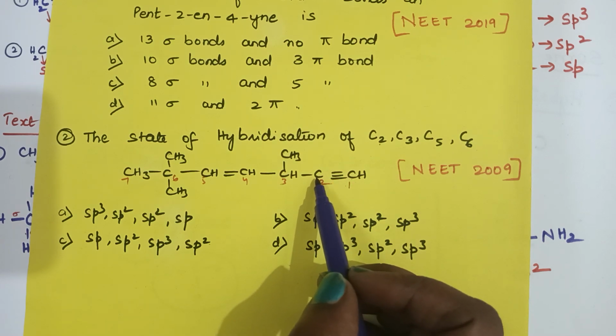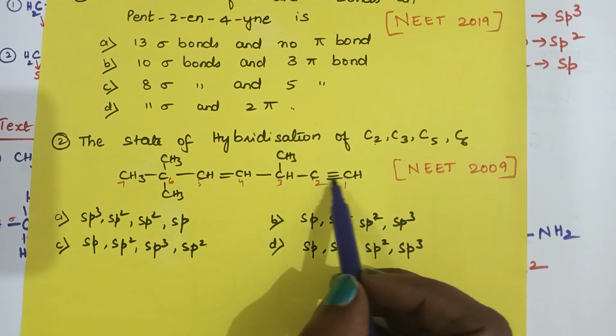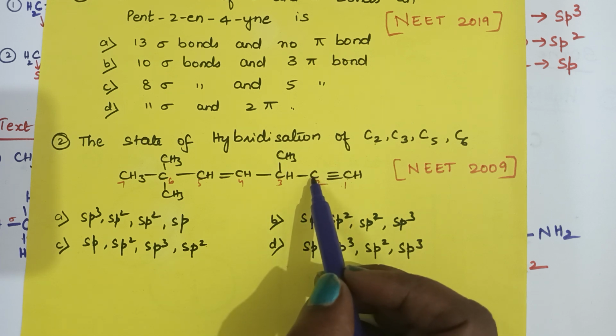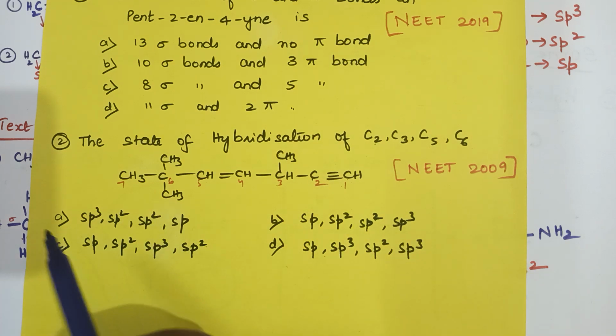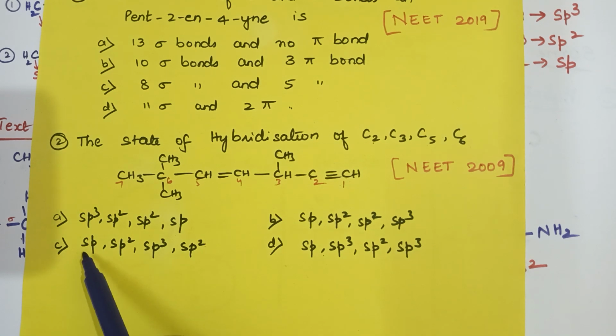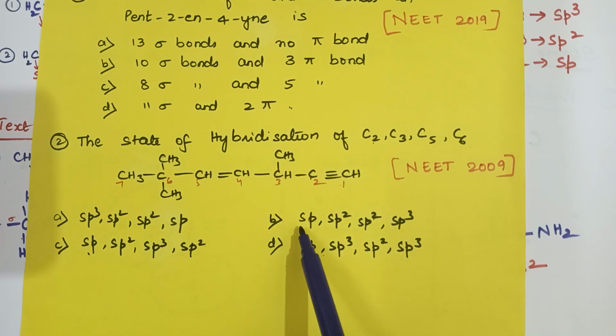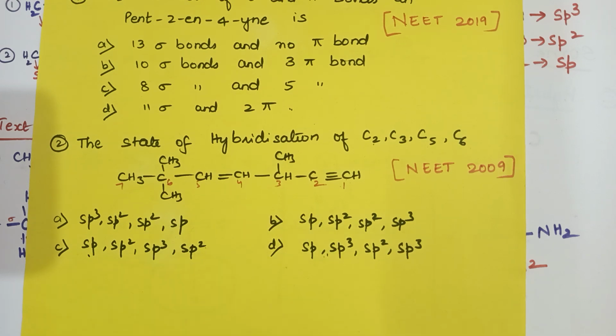What is the hybridization of this carbon? 1 sigma bond, 1 sigma bond. So 1 plus 1, there are 2 sigma bonds. If 2 sigma bonds are present, then this carbon will be sp hybridization. So sp hybridization, you check where it is present. sp3, so this you can rule out. sp, so this one sp, sp. Out of 3 options, 1 will be the correct answer.